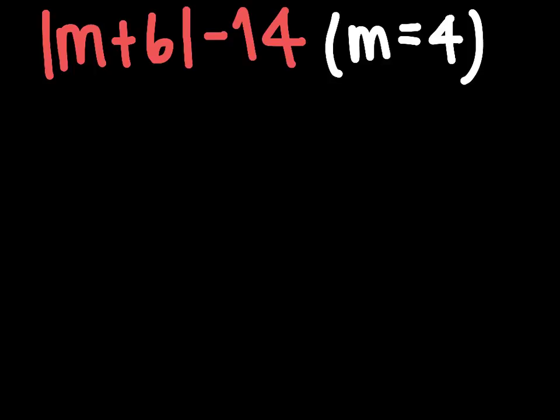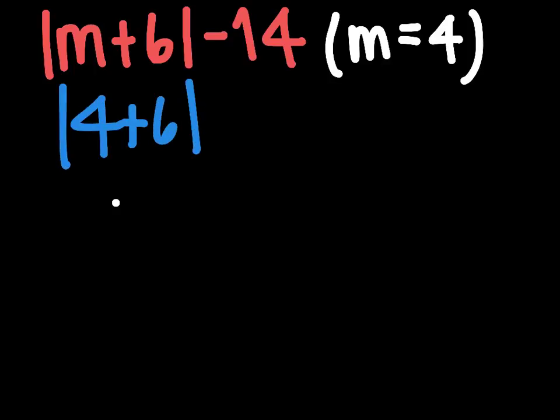Expressions involving absolute value can be evaluated using the given value for the variable. If you have the absolute value of m plus 6, minus 14, and m is supposed to equal 4, what's going to happen is you're going to have the absolute value of 4 plus 6, minus 14.